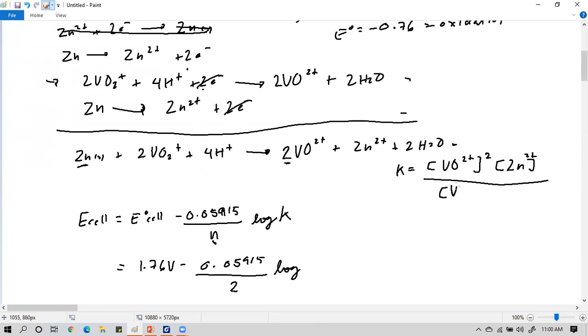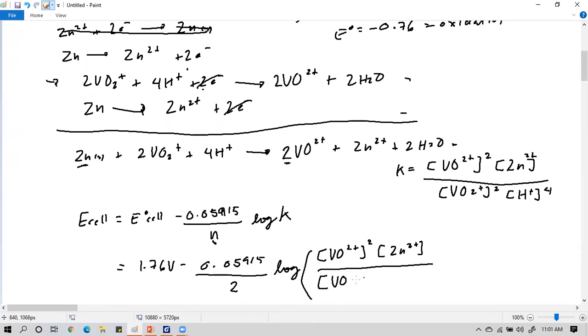So VO2 positive squared, and then H ion to the fourth power. So i-impose mo lang siya dito sa ating reaction here.